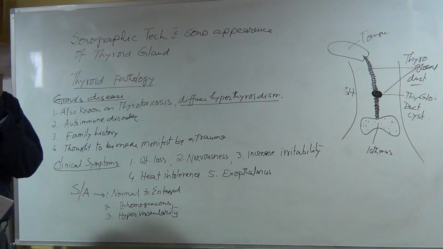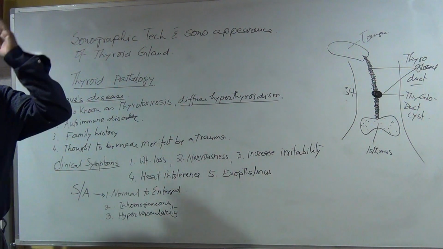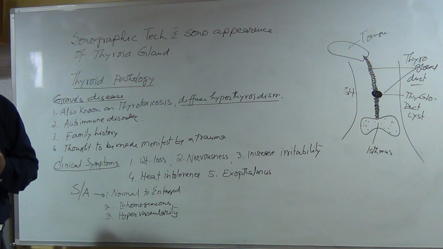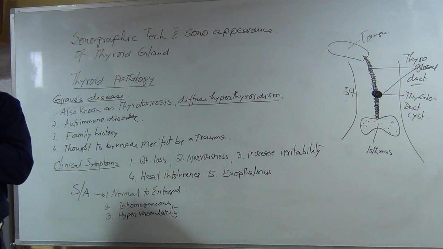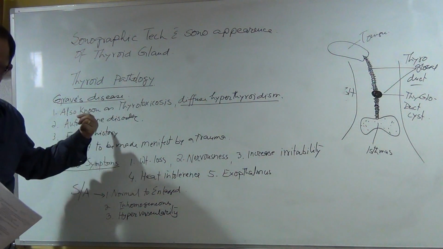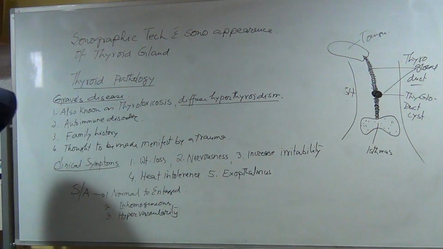In the case of a nodule, somebody has a nodule for 2 years, 3 years, 4 years, and suddenly that nodule is hyperfunctioning. We will call it hyperthyroidism due to a hyperactive nodule. But in Graves' disease, it is diffuse all over the thyroid gland.